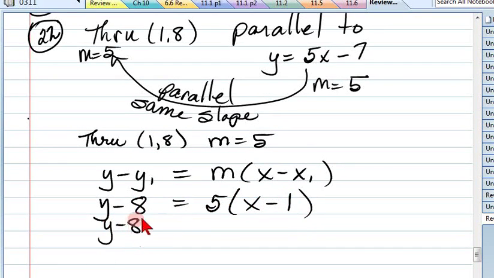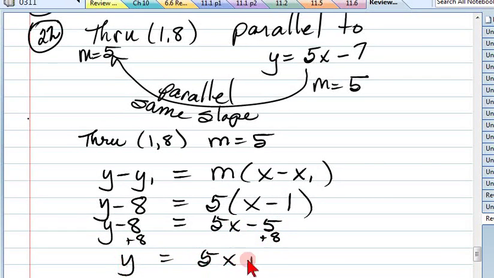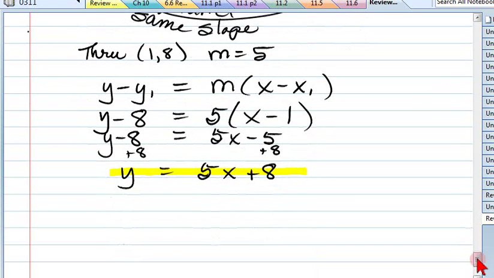Y minus 8 is equal to, distributive property, 5x minus 5. Add 8. Y is equal to 5x plus 8. It is parallel, but it goes through the given point.